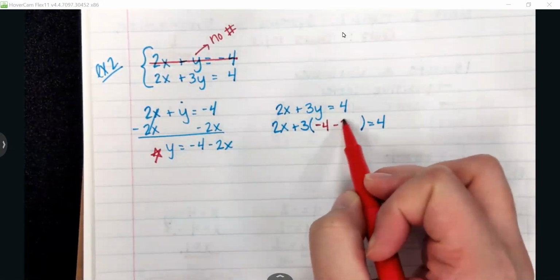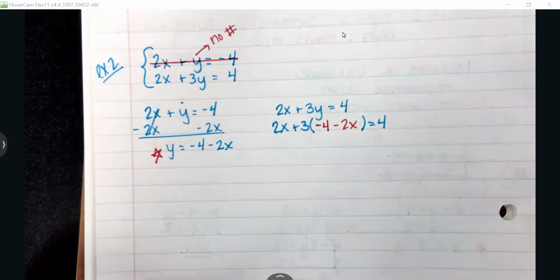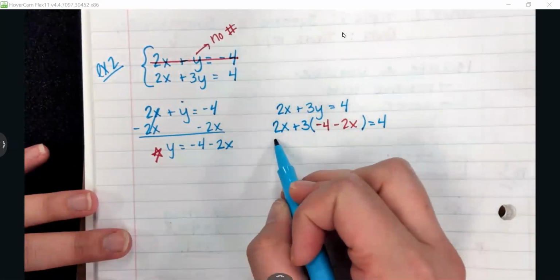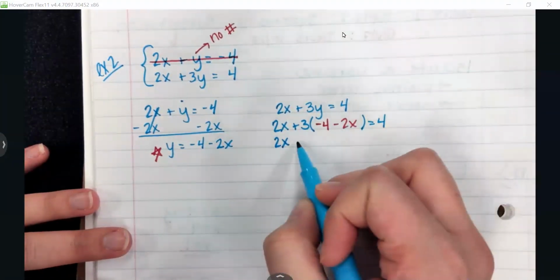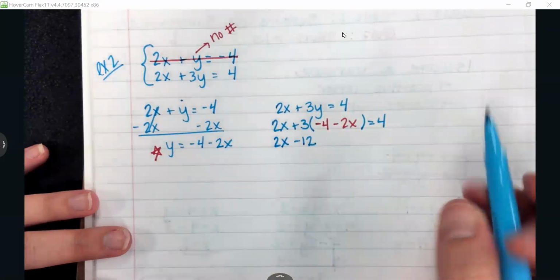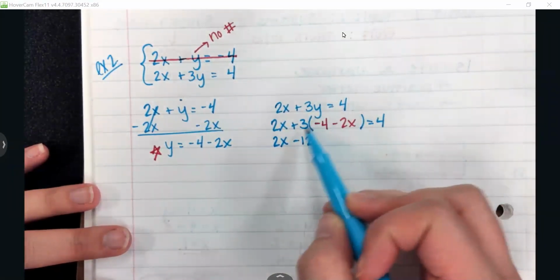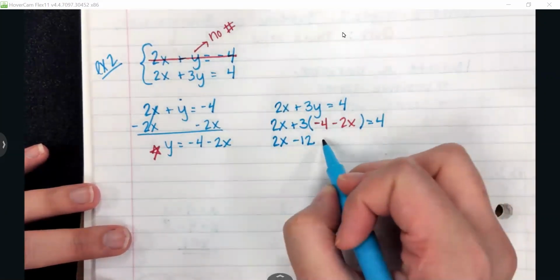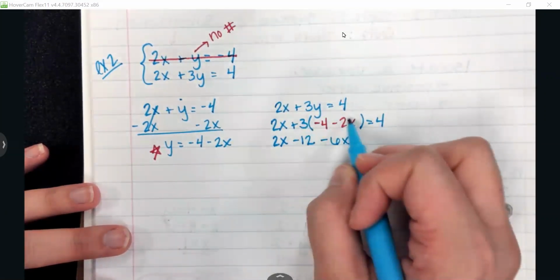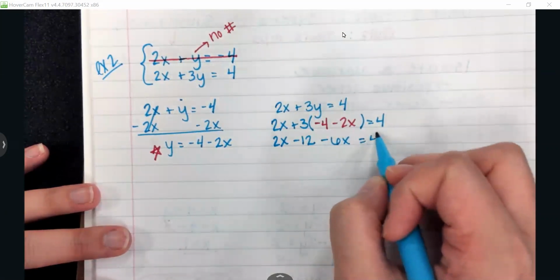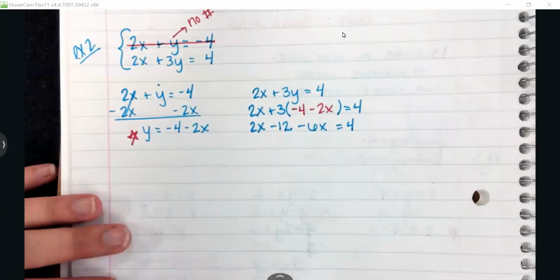Negative 4 minus 2x. So my 2x is just kind of hanging here. I'm going to have negative 12. Where did negative 12 come from? I distributed my 3. Minus 6x. I distribute my 3. Equals 4.